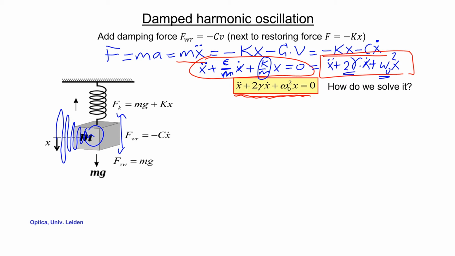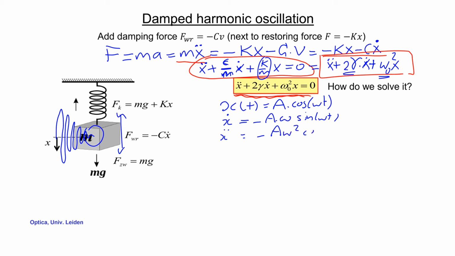So how do we solve this? Well, your first guess might be, let's just try a harmonic oscillation, as we did previously. But then you'll find that if you take the derivative of this cosine function, you get a sine back. And if you take the second derivative, you get the cosine back again, of course.